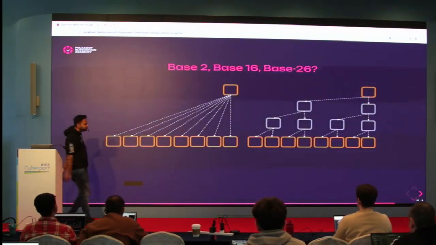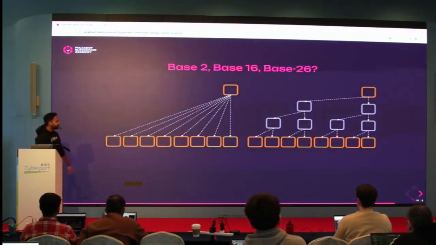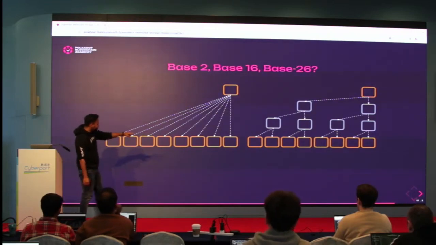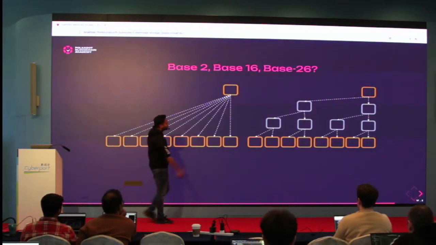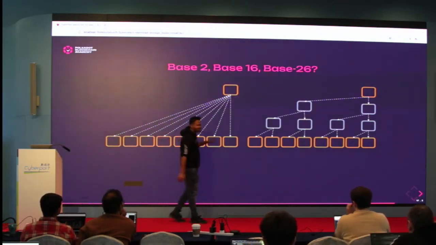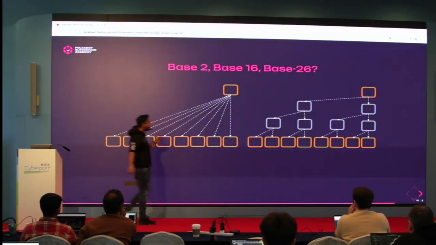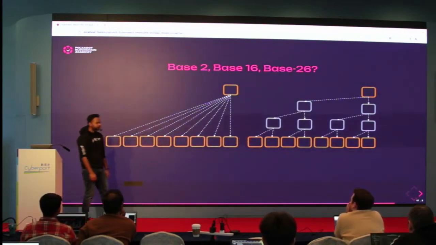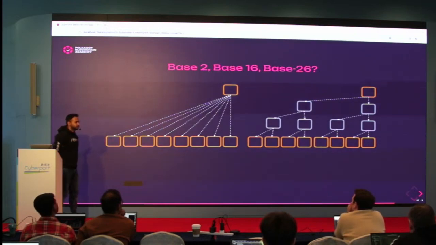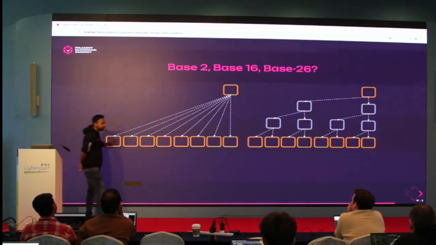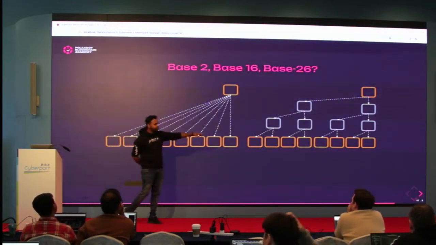Does anybody want to take a guess? There is this 1, 2, 3, 4. This is base 8 because we could not fit base 16. And this is base 2. Can somebody explain which one will have bigger proof size? This is base 8, that is base 2.